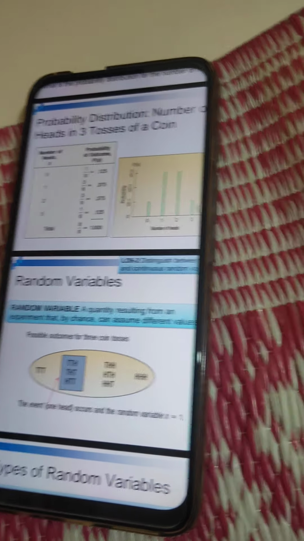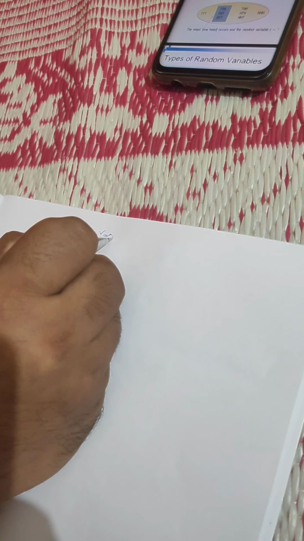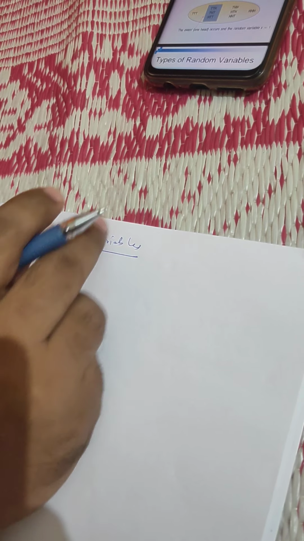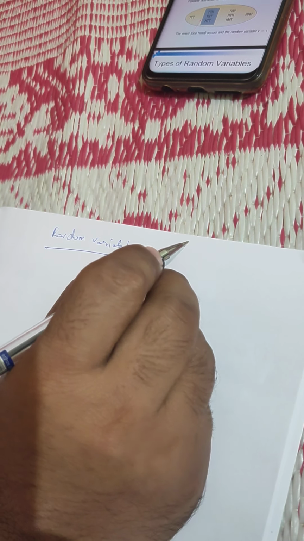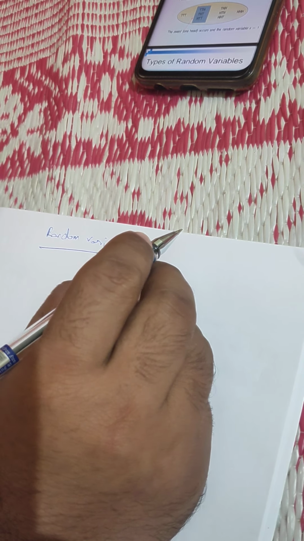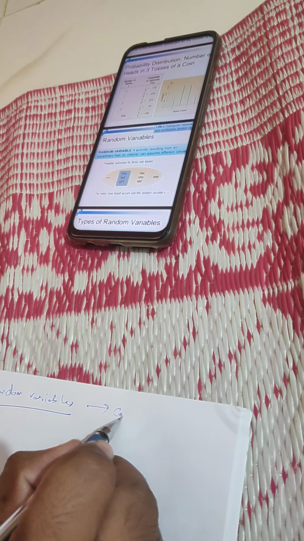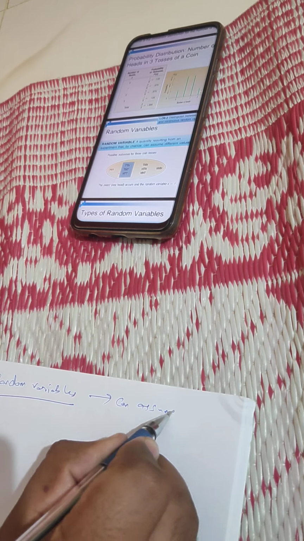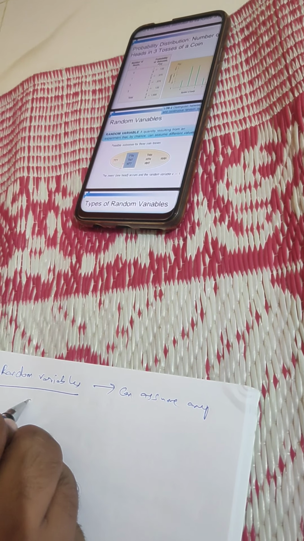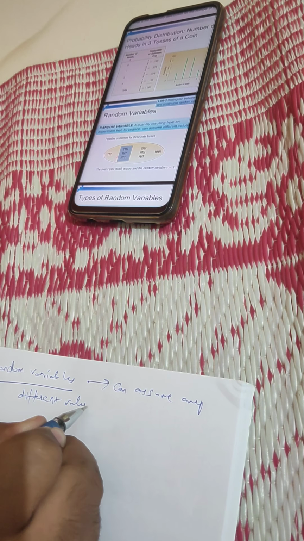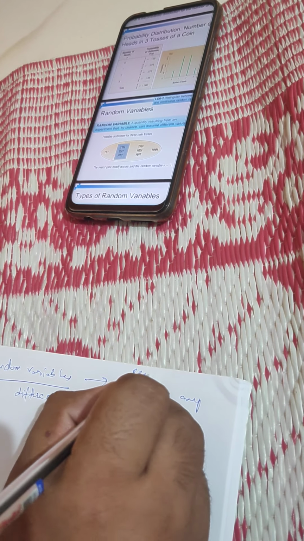Now we go to the concept of random variables. What is a random variable? It is a quantity resulting from an experiment that by chance can assume any different value. It is the result of an experiment.